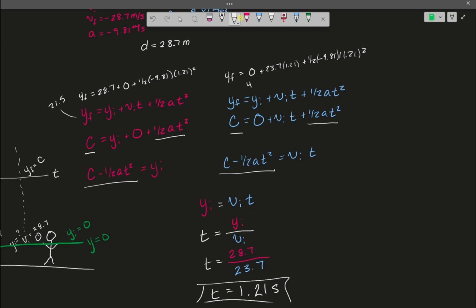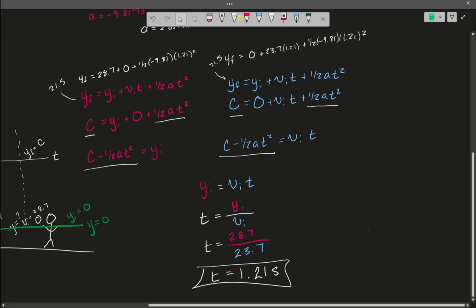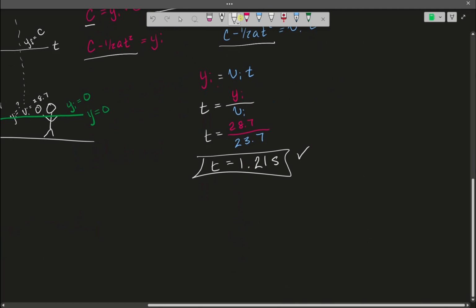And I also get that y final is 21.5. So because these are the same location, I know that my solution is correct.